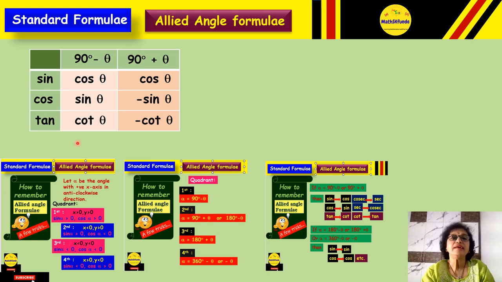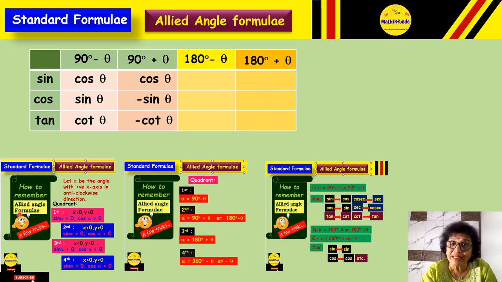What does this mean? This means sin 90 minus theta is cos theta, or cos 90 plus theta is minus sin theta. Actually, these two rows you have already done when we did those two videos, and you know formulae for sin 90 minus theta, etc., or sin 90 plus theta, etc. Means angles 90 minus theta or 90 plus theta we have already done. So answer for tan and cot also known to you.